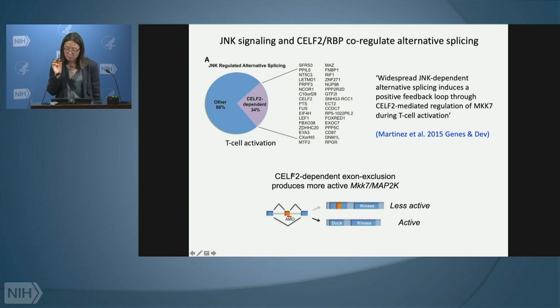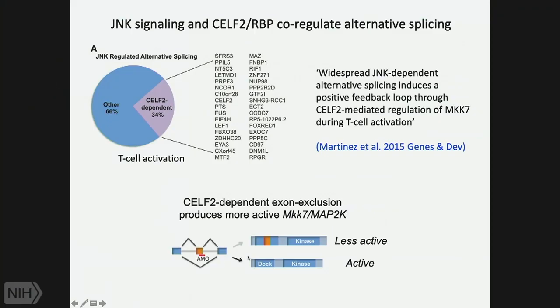Essentially, mouse MKK7 has an alternative exon in a kinase docking site. The presence of the CELF2 splicing factor excludes this alternative exon, which generates an active double kinase. Removing CELF2 then results in a less active MKK7.